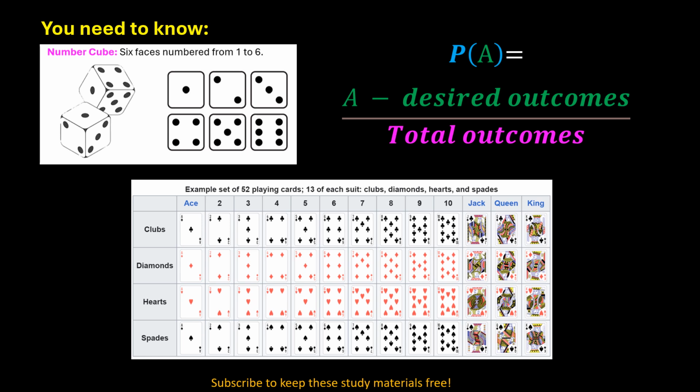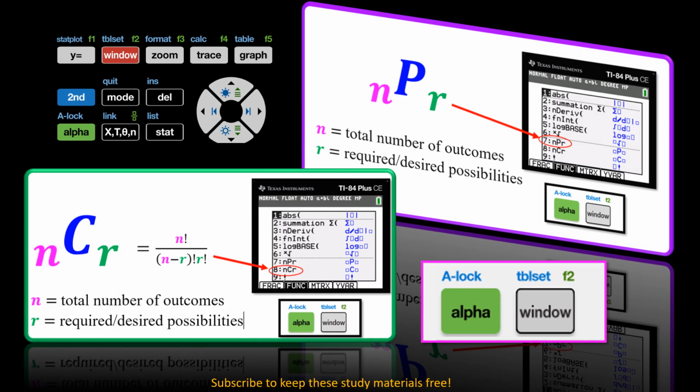The notation is P of A, and that is also the desired outcomes over the total outcomes. The total outcomes for one die is 6. Of course, for a deck of cards it is 52. As we work through problems, you will see that permutations and combinations have a quick access on the TI-84.